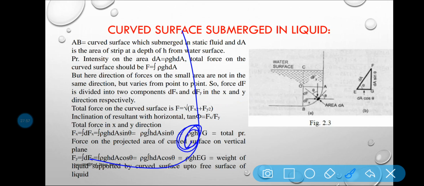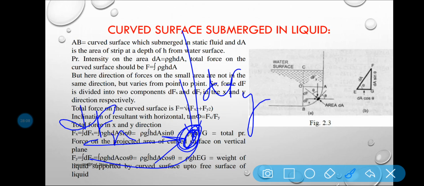So it is your body. Here dFx is the horizontal pressure force. Next dFy is the vertical pressure force, and this is the resultant dF. It is making an angle theta here.